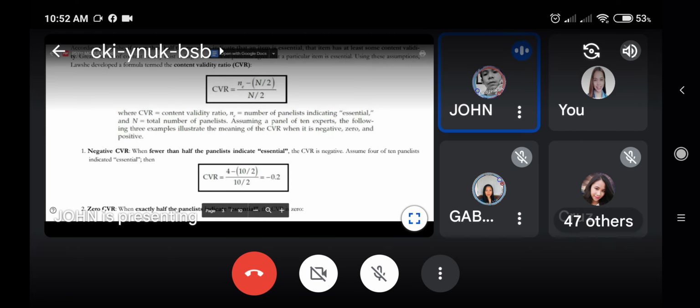So 9 minus 7.5 is 1.5, divided by 15 over 2, divided by 7.5. So that's 0.20. That means it is a positive CVR, which means that the item is okay.